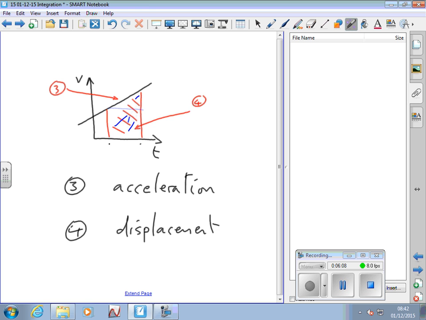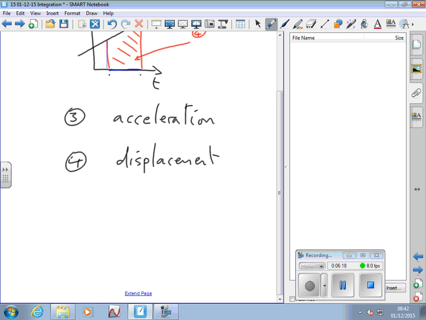And the units would be the units of velocity multiplied by time. So the area would be velocity times time. If I wasn't sure what it was telling me, I'd multiply the units for velocity, meters per second, by the units of time. So they cancel and we're left with meters. So it must be a displacement, a distance we're travelling. If I'm travelling at 30 miles an hour for 2 hours, I've gone 60 miles, that sort of thing.